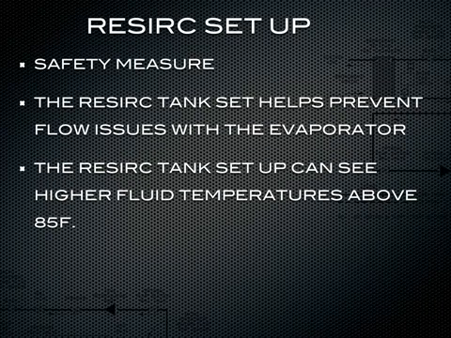Another good reason to have a recirc setup is that the chiller can see higher fluid temperatures above 85. On a once-through, the fluid coming back to the evaporator cannot be above 85. If it is, you're going to put too much heat into the refrigeration system and that heat will not be removed. On a recirc, we have two separate loops.